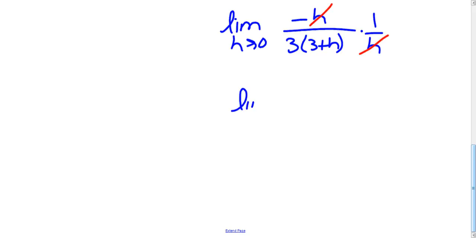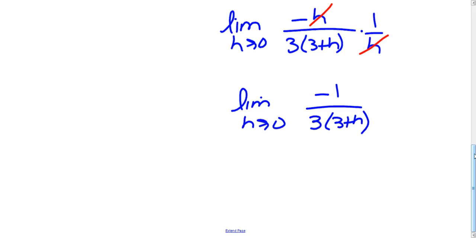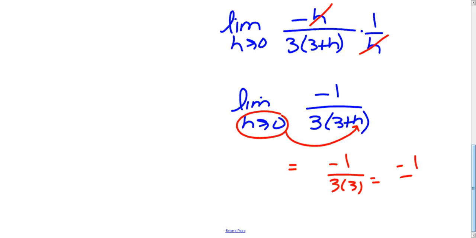And I'm now here. I have negative 1 over 3 times (3 plus h). Now when I plug in 0 for my h right there, it is legal, and I have negative 1 over 3 times 3, which is negative 1/9.